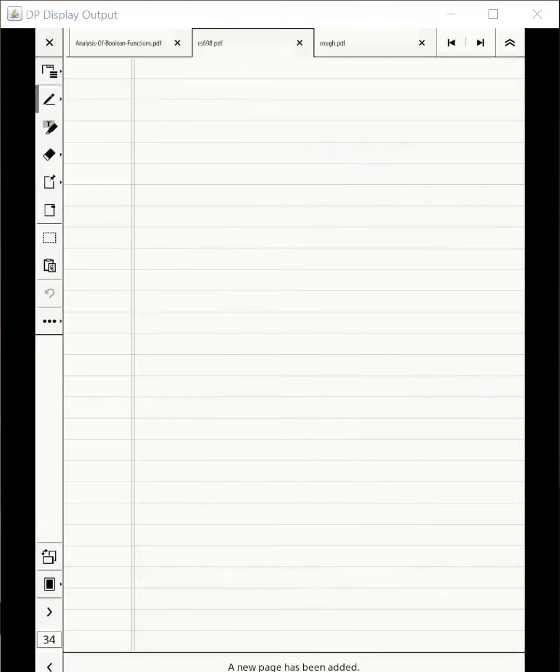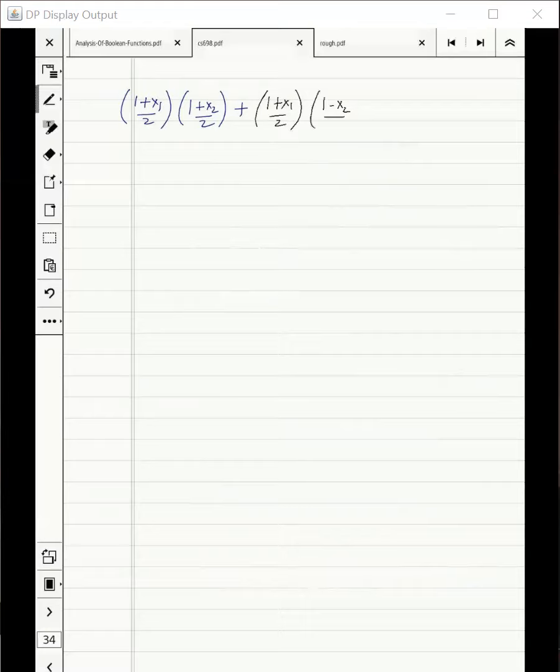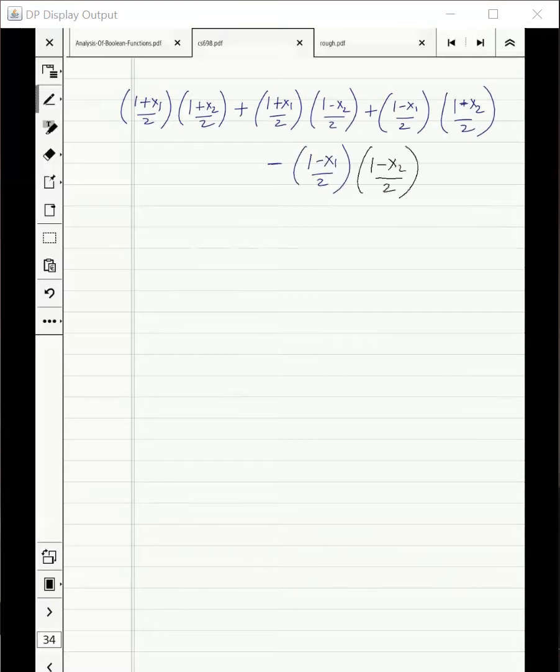What is the indicator for 1, 1? (1 plus x1)/2 times (1 plus x2)/2. Then (1 plus x1)/2 times (1 minus x2)/2. Then (1 minus x1)/2 times (1 minus x2)/2, correct. And (1 minus x1)/2 times (1 plus x2)/2.